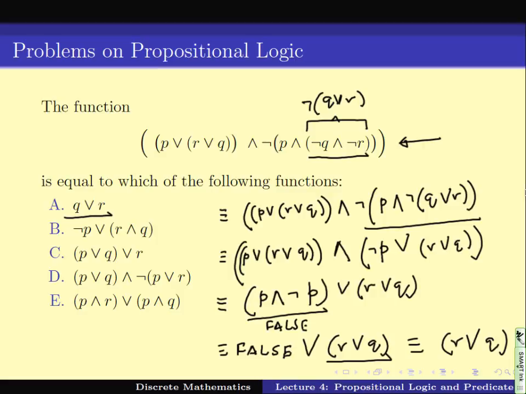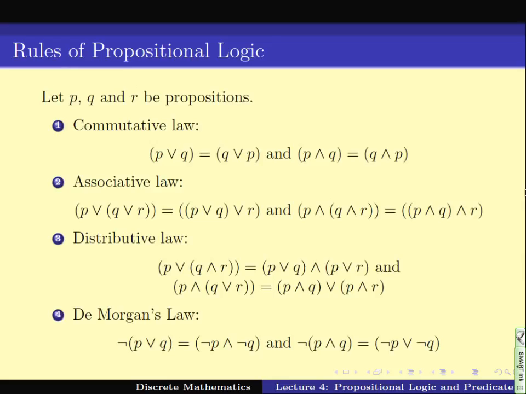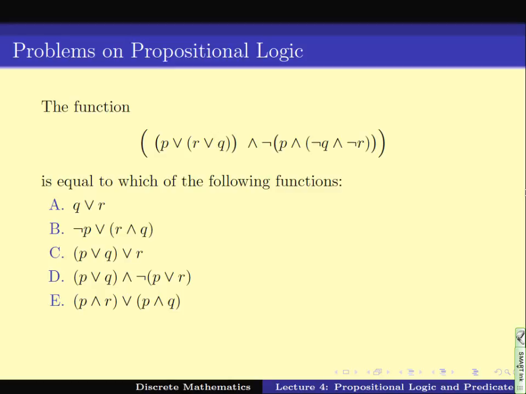So that means this one is congruent to Q or R. I applied the distributive law, the associative law and De Morgan's law multiple times to check that the given expression is equivalent to Q or R.